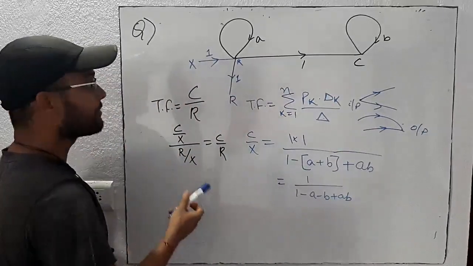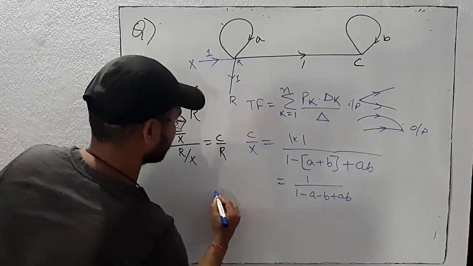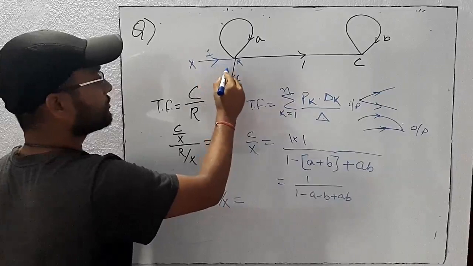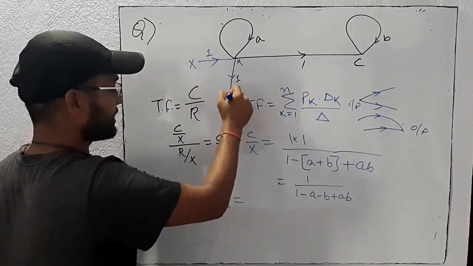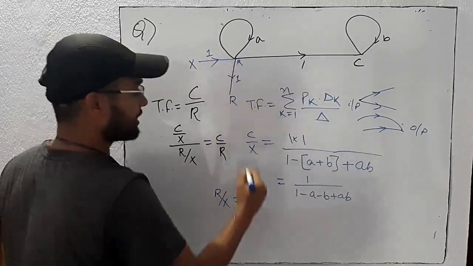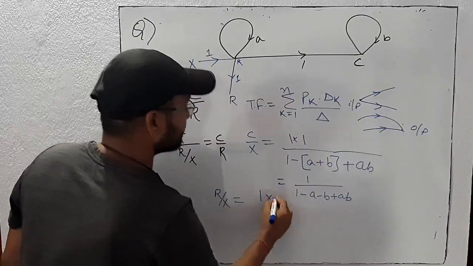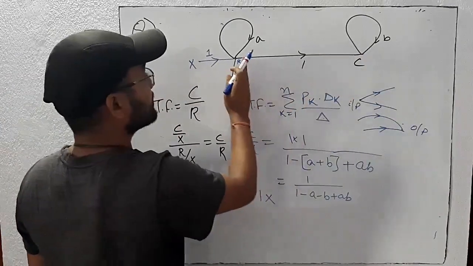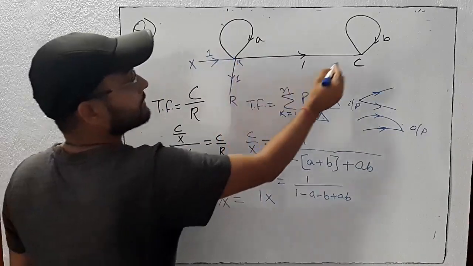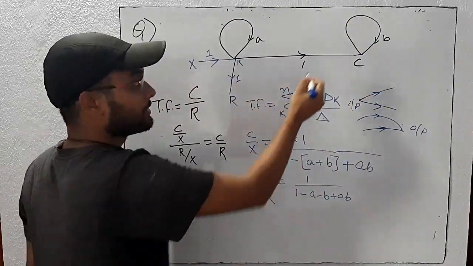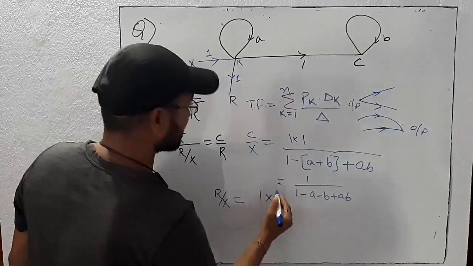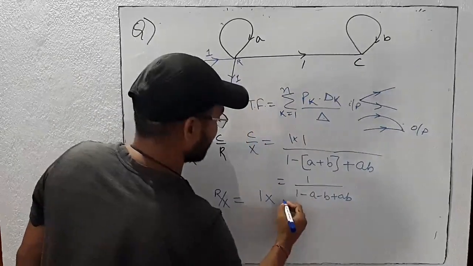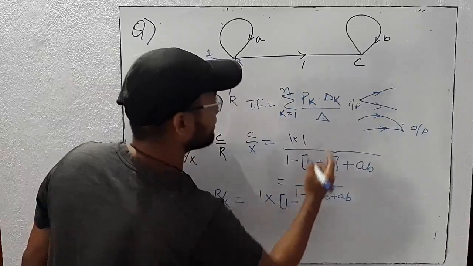Now we will find R by X. Again, see, there is only one forward path from X to R, and the gain is 1. So 1, and for this delta K, that is equal to 1 minus B, because if you remove this node, then one loop is forming.